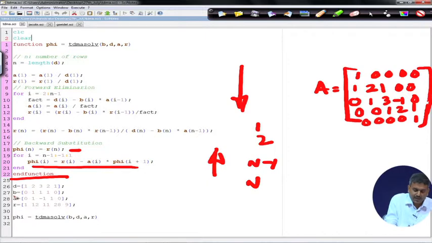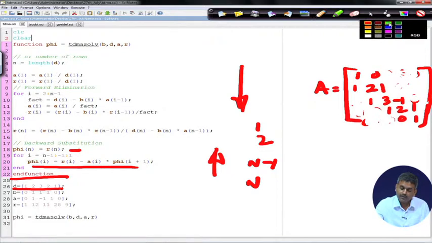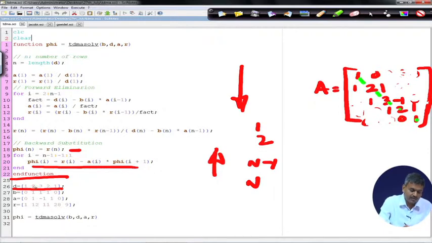We can directly supply D, eliminating these values. So, D is 1, 2, 3, 2, 1.